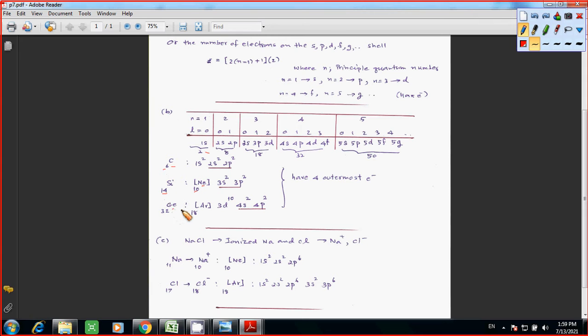And for germanium, you can see why I put argon here, 18, because at n equal to 3 you have argon, that's the 3s2, 3p2, 3d10, right? So let's make 18. You start from there.